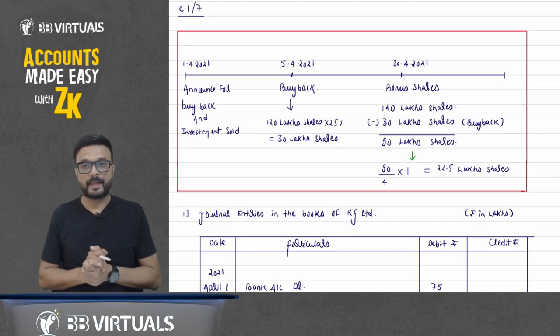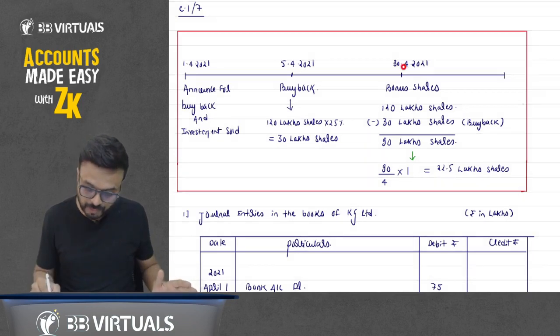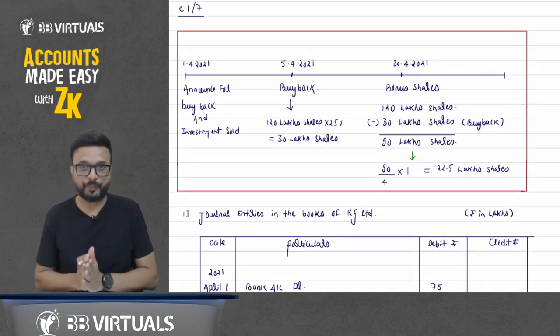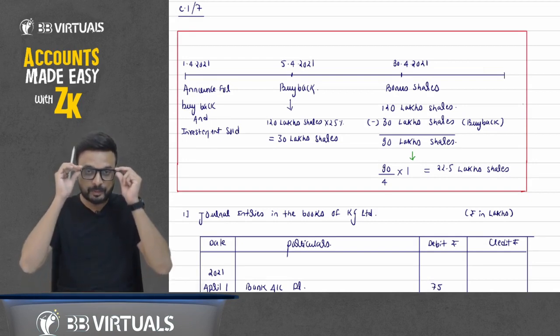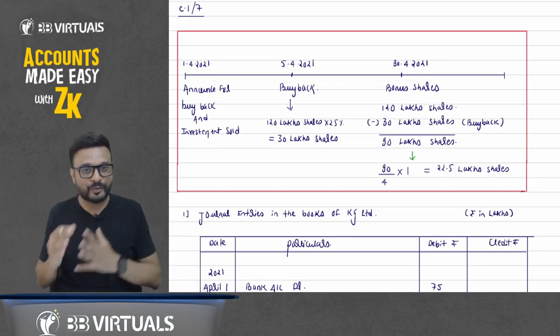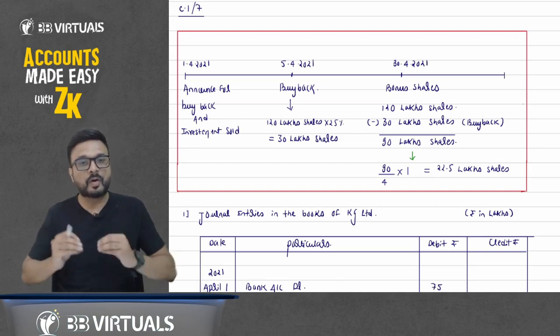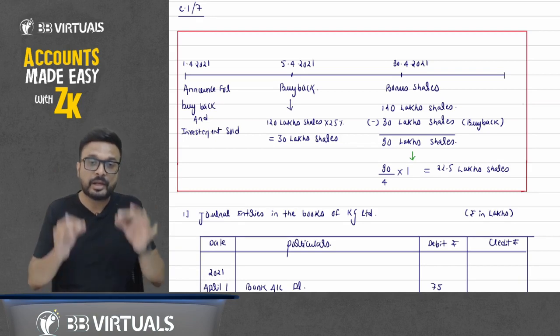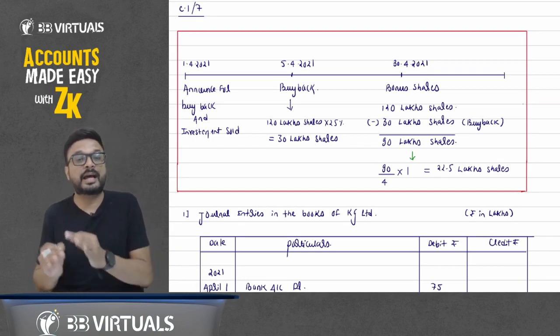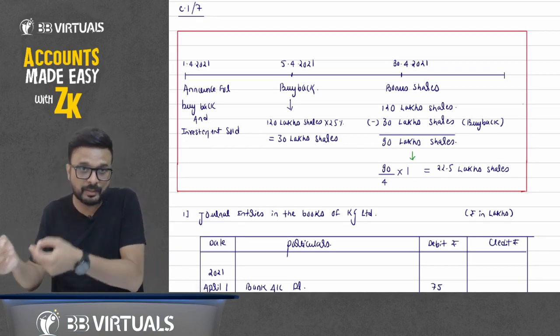Remember one thing. Before we come to 30th of April, that is for the bonus issue, first you have to know whether this buyback is out of profit or out of fresh issue of shares. We will call it out of fresh issue of shares only when it is mentioned in the question that they have issued some shares in the market.